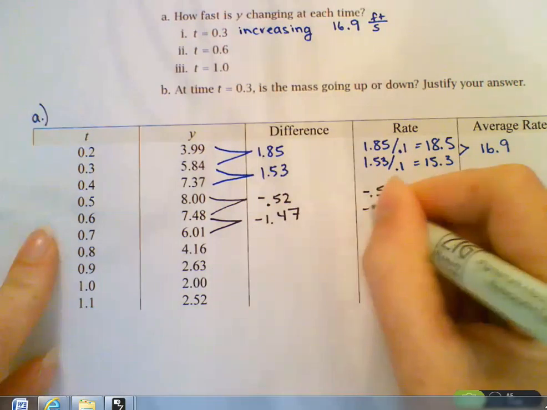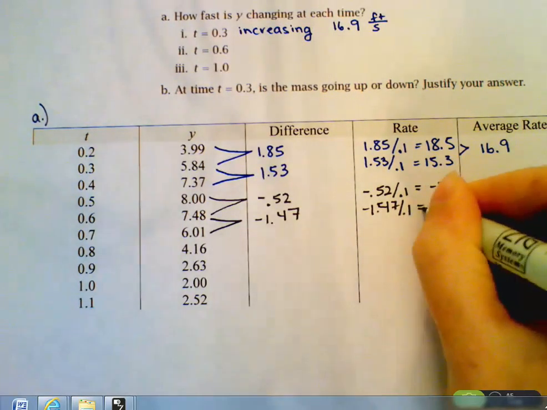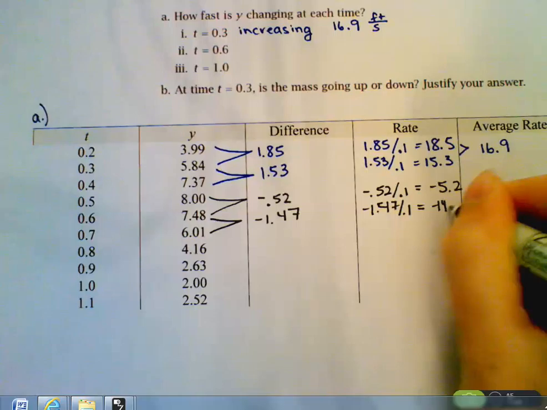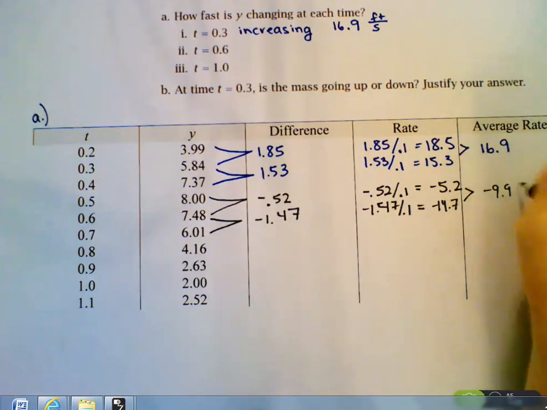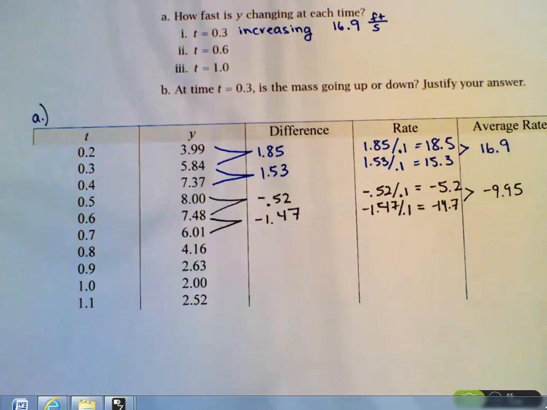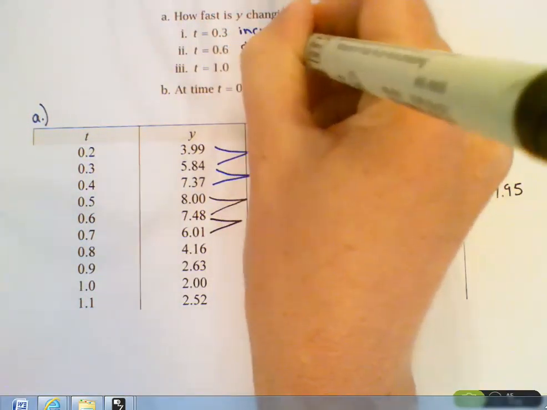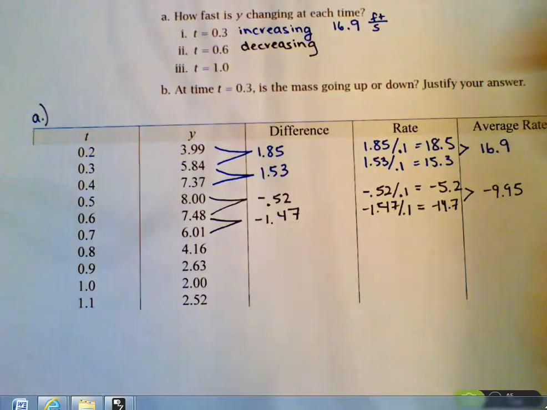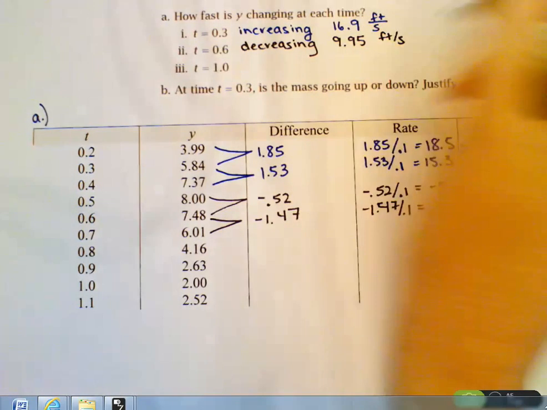So negative 1.47 divided by 0.1 ends up giving us negative 14.7. The average of these two is negative 9.95. So I'm going to go back up here, and since it's negative, I'm going to say that it is decreasing 9.95, and we know the units are feet per second.